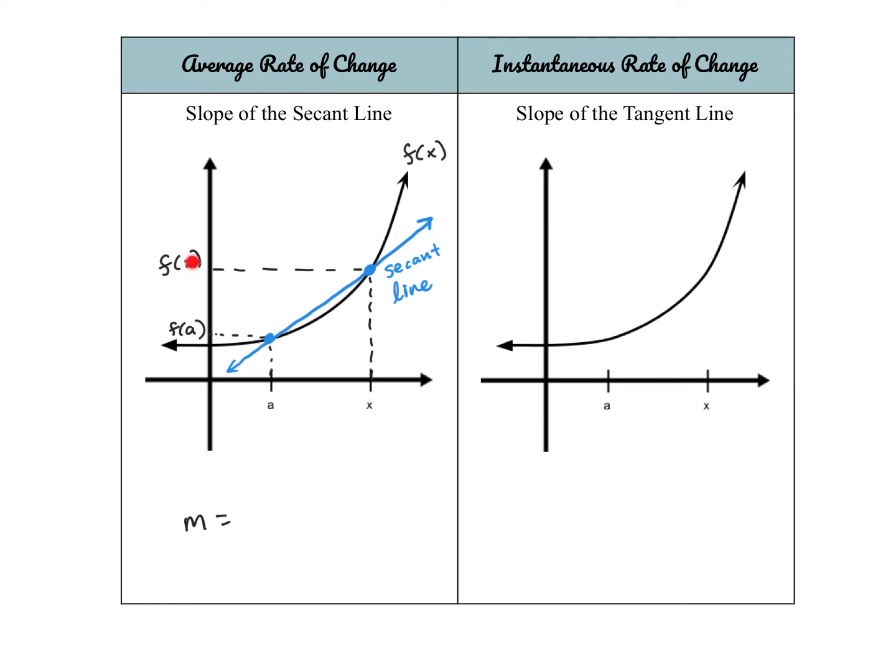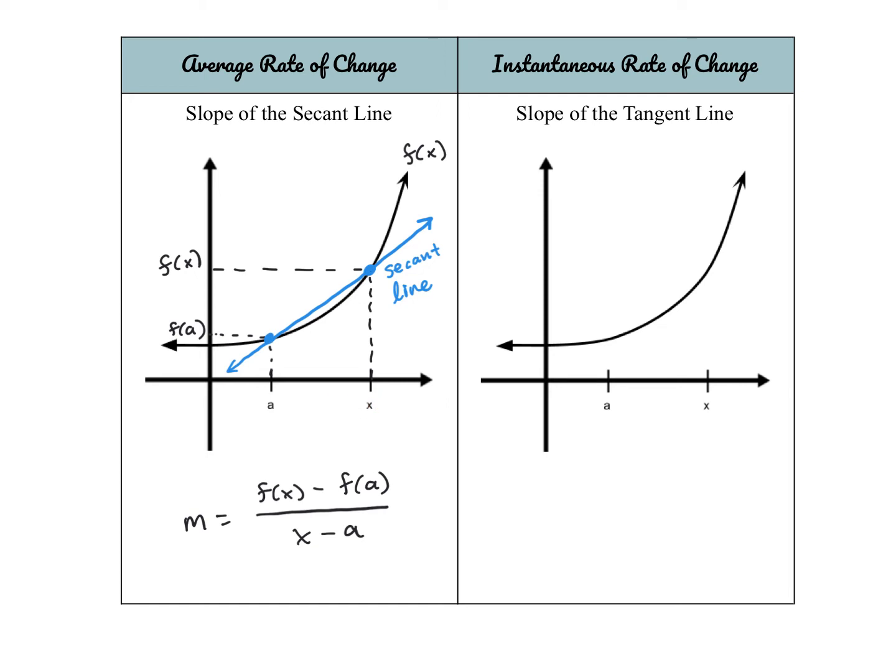So here I can see that y2 is f of x, y1 would be f of a, and then we have x2 minus x1, which is just x minus a. Again, that's just the simple slope formula. So we're finding the slope of the line that connects these 2 points. That would be the average rate of change of this function over this interval.